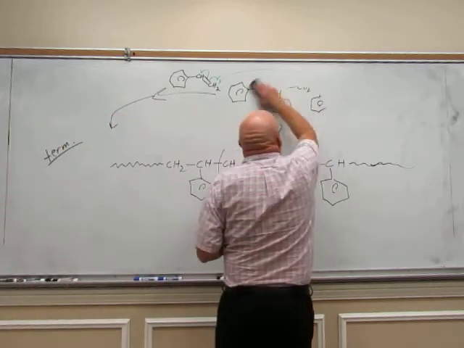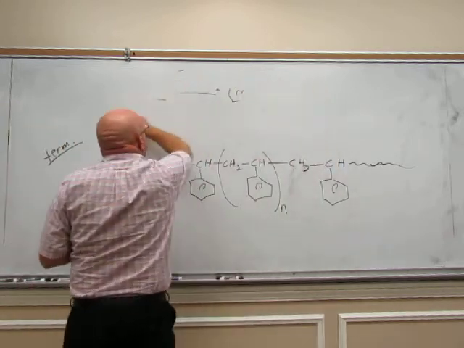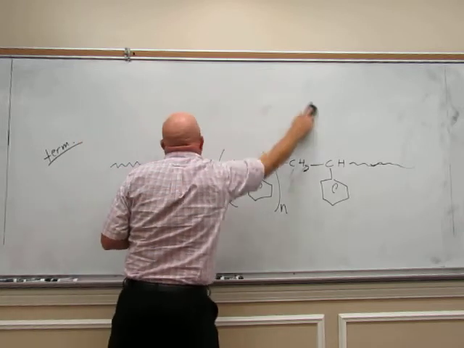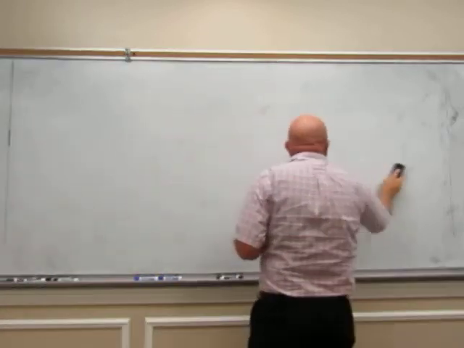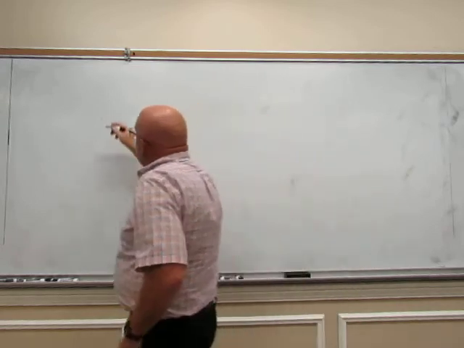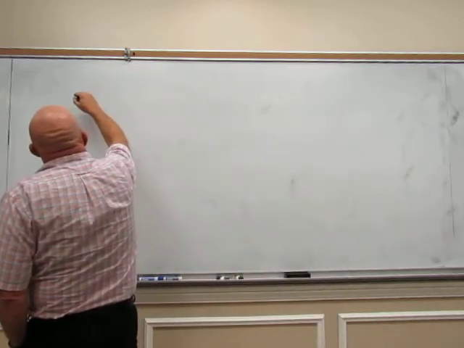You can form a lot of polymers by this method, this free radical polymerization. Let me give you a couple more examples of some other polymers. So this is the one again that we're making this week in lab.